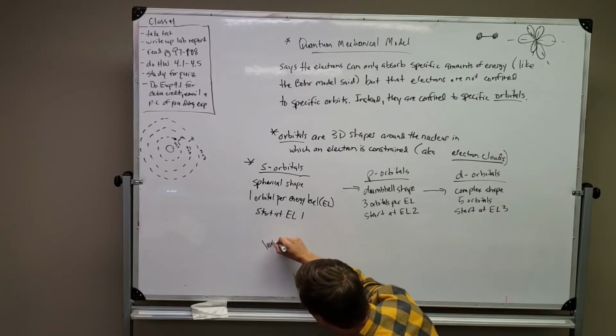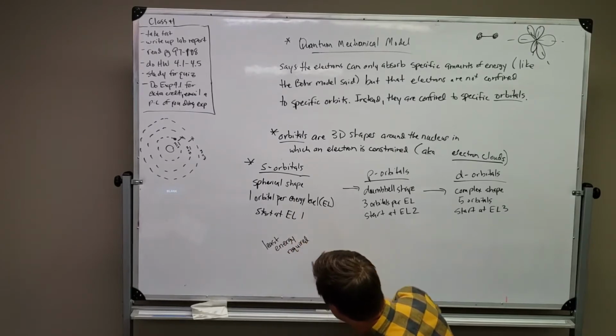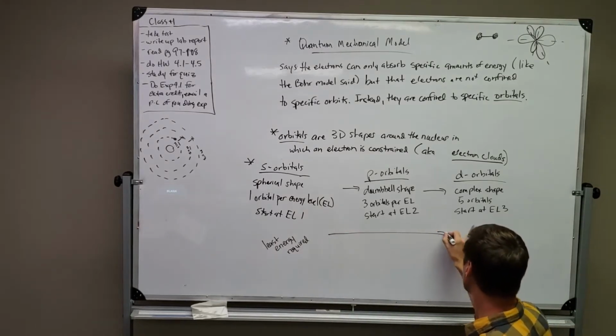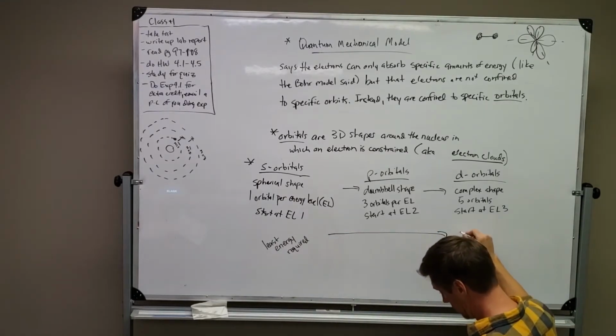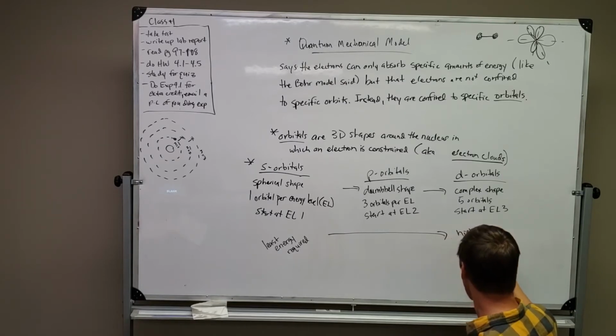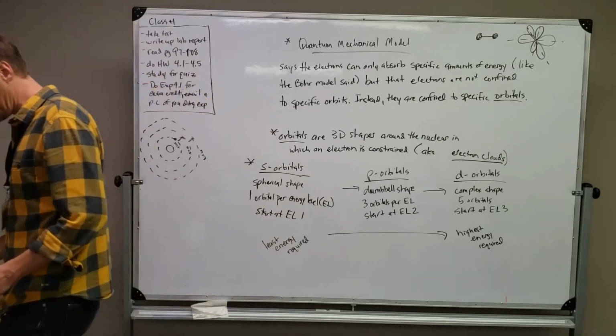The least energy required is down here. An electron requires the least amount of energy to be in the s orbital, and as you go across this way, this is the highest energy required over here. Make sure you understand that about these orbitals.